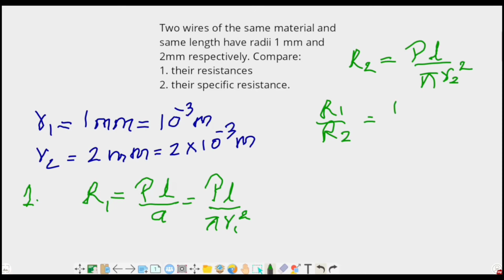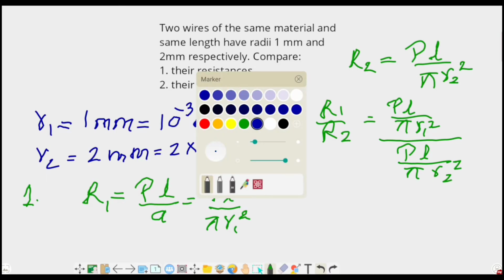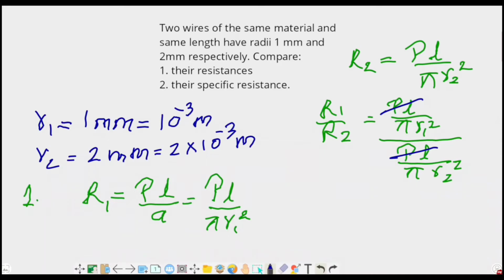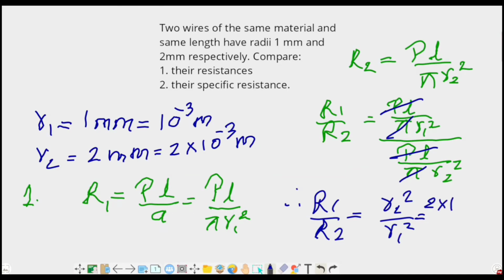Your R1 is rho L by pi r1 square, and this is rho L by pi r2 square. Now when you cancel rho L and pi, then R1 by R2 will be r2 square upon r1 square. So what is your r2? 2 into 10 raised to minus 3.